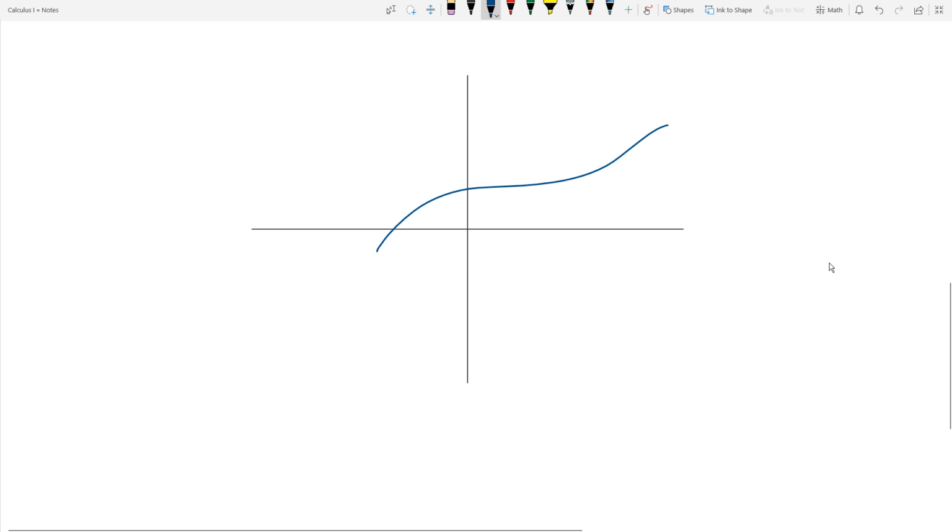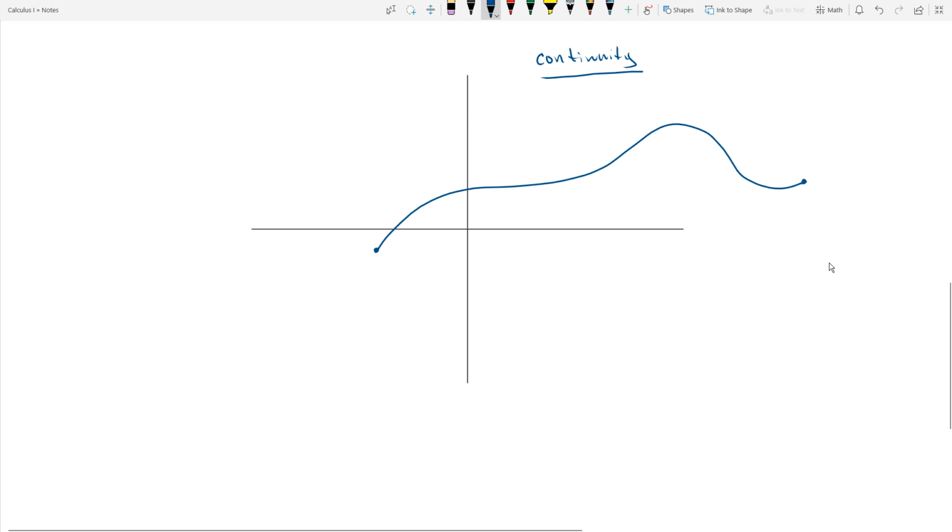If I have a curve like this, this is called continuity. Continuity refers to a graph where you can go from one point of the curve to another without ever picking your pen up off the paper.